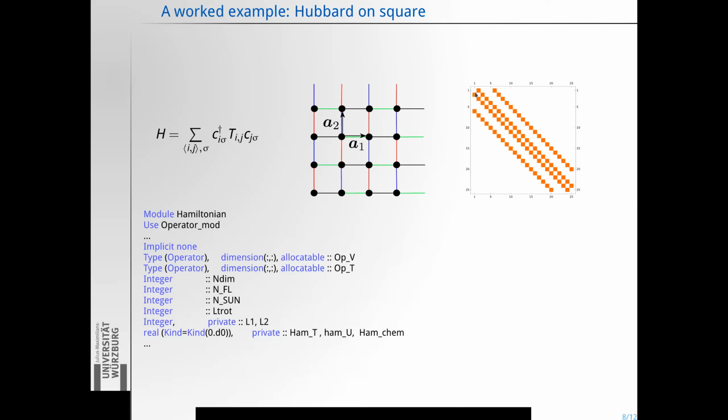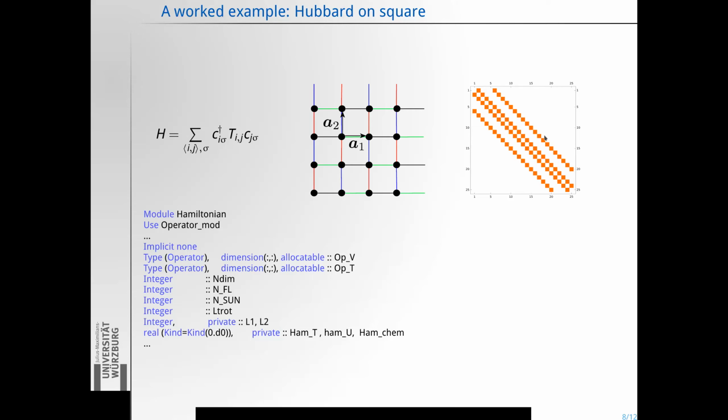Assuming you have a Z-like enumeration of your sites, the nearest neighbor hoppings along the A1 direction are these entries, and the nearest neighbors in the A2 direction are given by the super diagonal and sub diagonal over here.